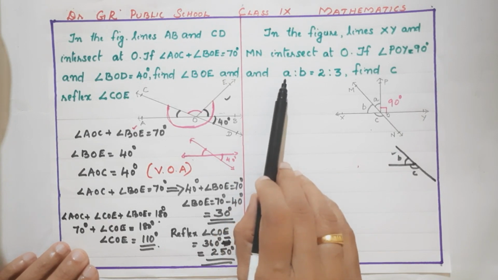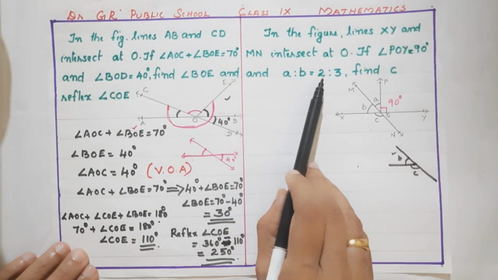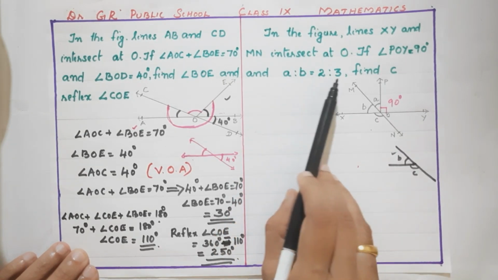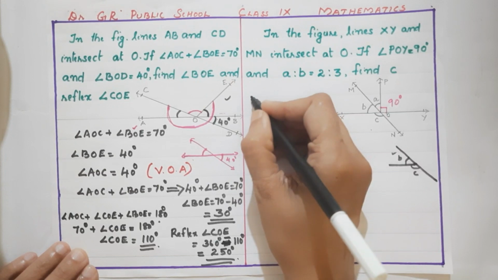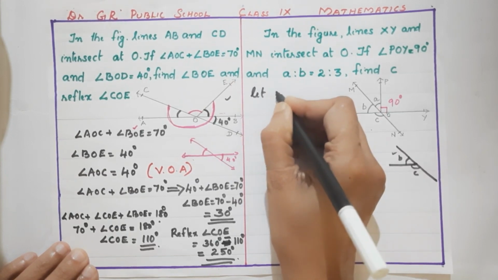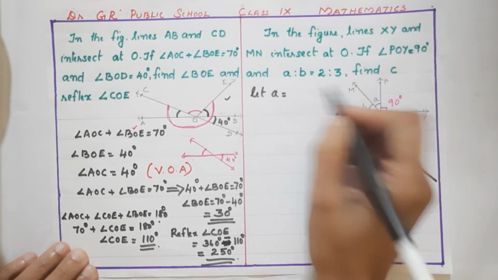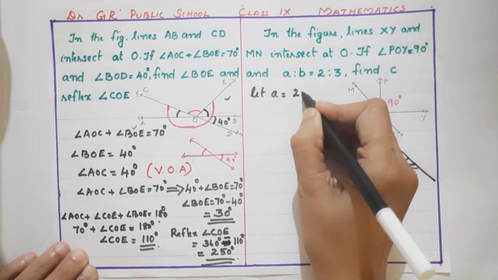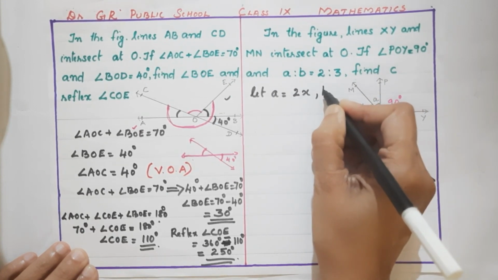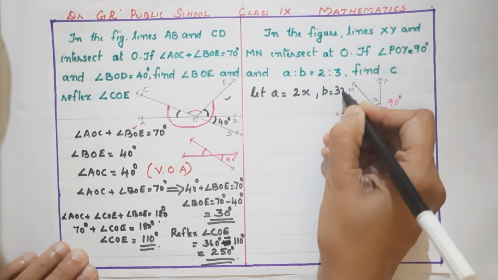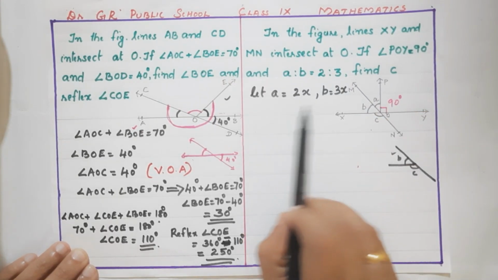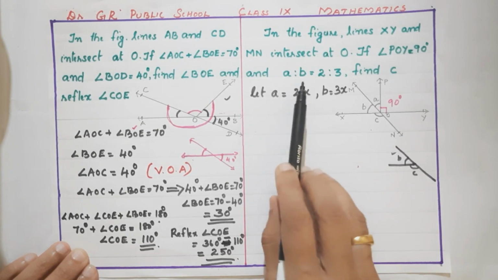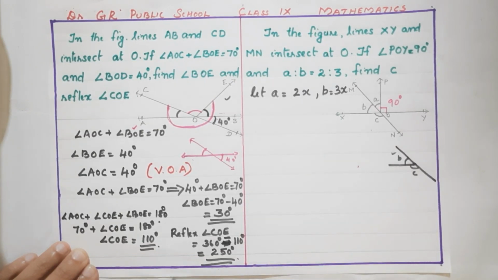So we can take the value of A as 2x and the value of B as 3x. So let A is equal to 2x and B is equal to 3x.